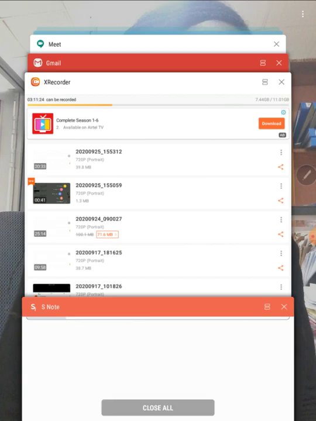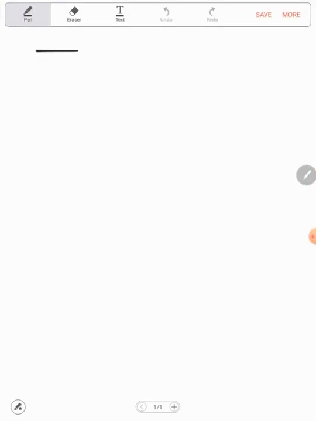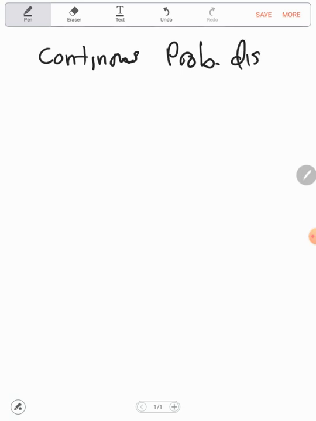So here we're just continuing under probability distributions, and we're going to look at continuous probability distributions. So earlier we looked at the binomial and Poisson.